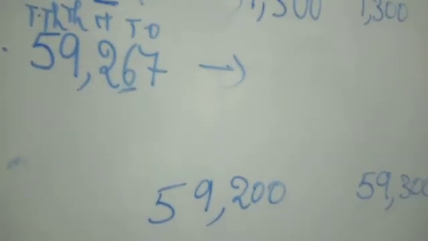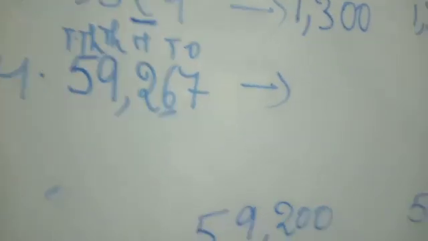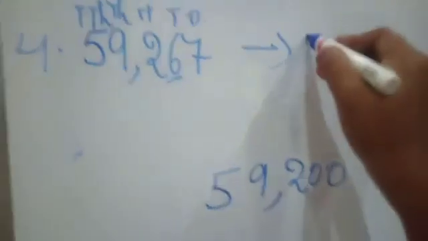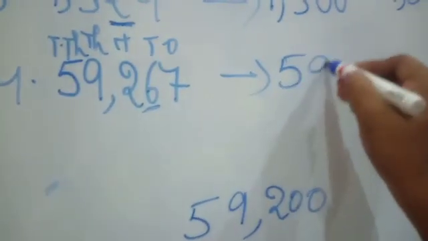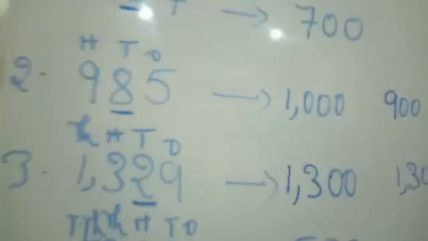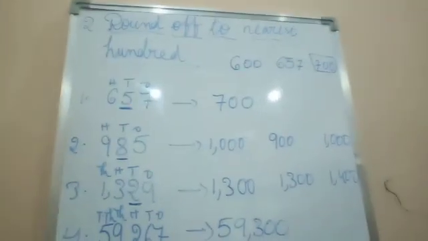So which will be the nearest 100 for 59,267? 59,300. So the answer is 59,300.